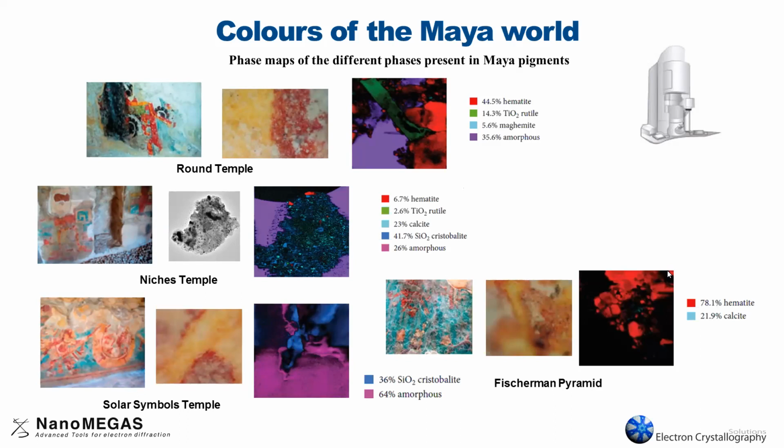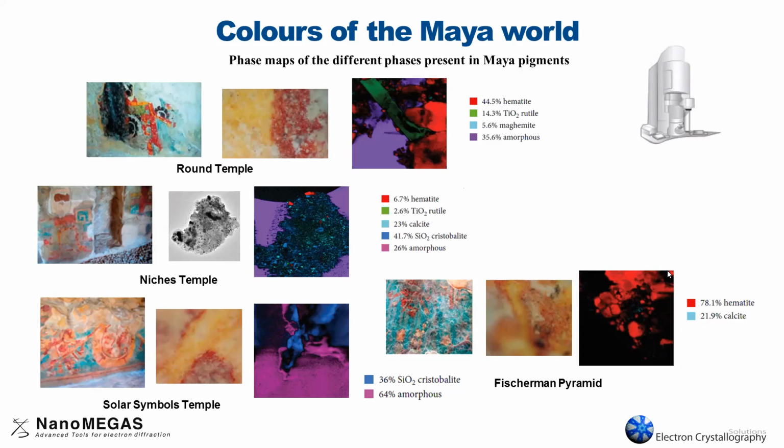On the other hand, in the solar temple, as you can see in the left bottom corner, the presence of only cristobalite was found. In addition, you can see in the round temple that the presence of nanocrystalline rutile was detected, which was previously undetectable by any X-ray studies.